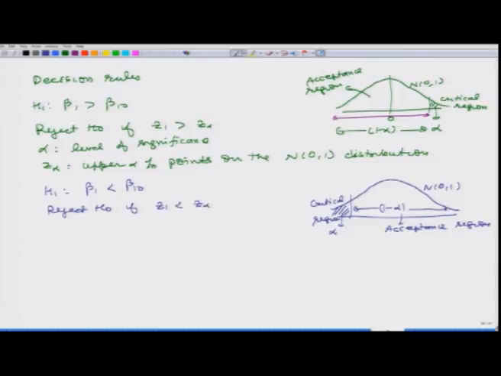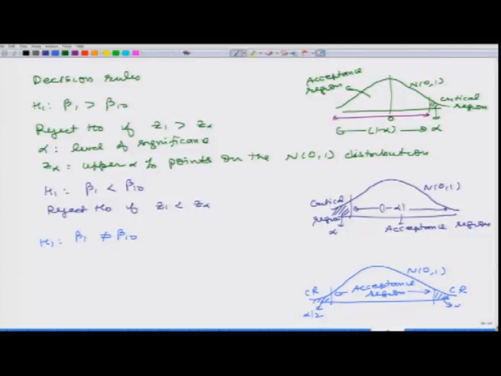The third case is where H1 is beta 1 not equal to beta 1 naught. In this case, the normal 0, 1 curve has the critical region on both sides. These are our critical regions, each of size alpha by 2, and this is our acceptance region of size 1 minus alpha.